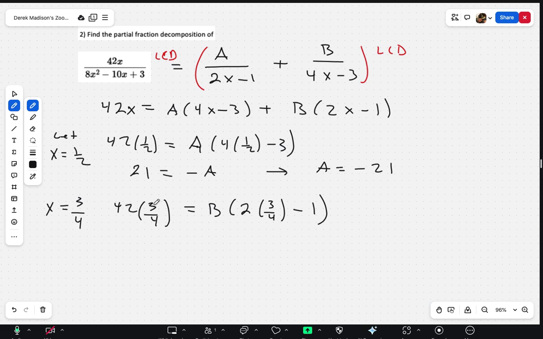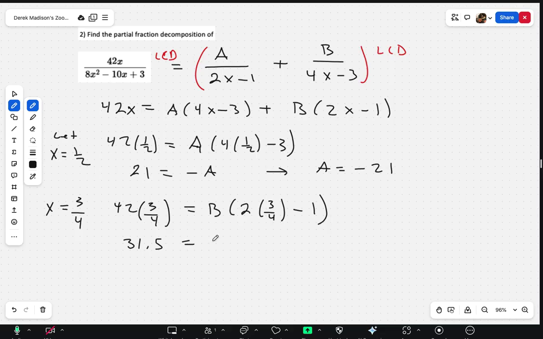So if you go 42 times 3 divided by 4 on your calculator, if that came out to some non-repeating type decimal, that wouldn't be great, but it comes out to 31.5, so that will work out just fine. Likewise over here, 2 times 3/4 minus 1 would be 6/4, or 3/2, minus 1 would be 1/2.